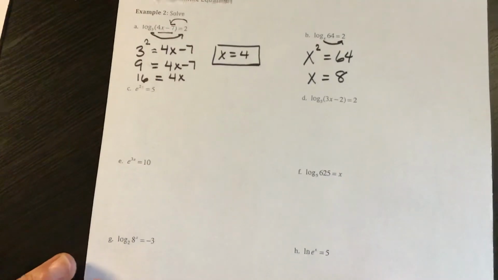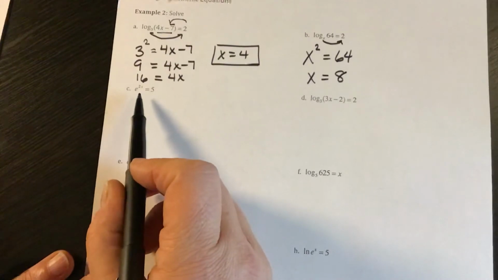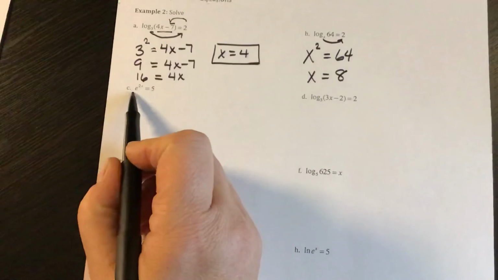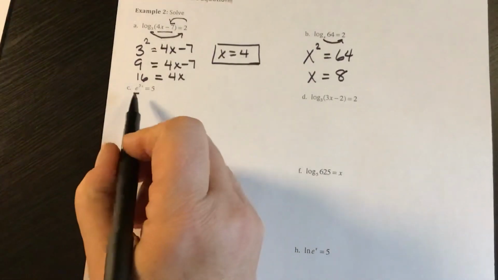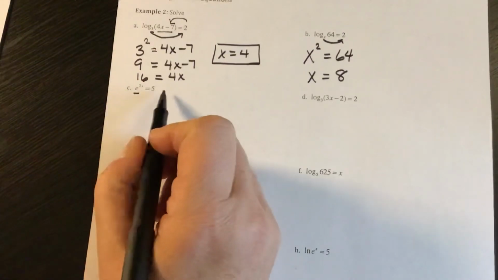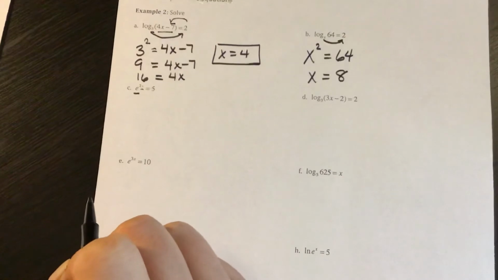Now on part C, here I have e to the 2x power equals 5. Now, when I'm working with a base e, I need to do the natural log to get the variable out of the exponent.